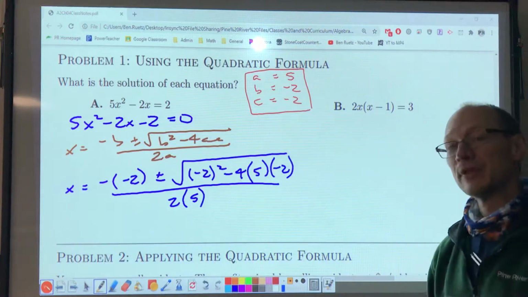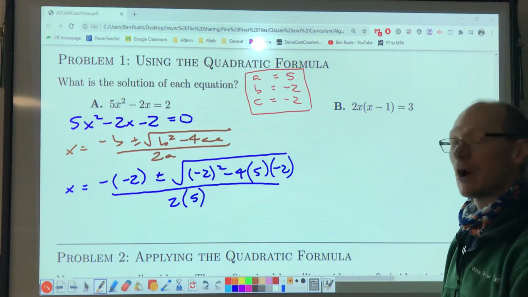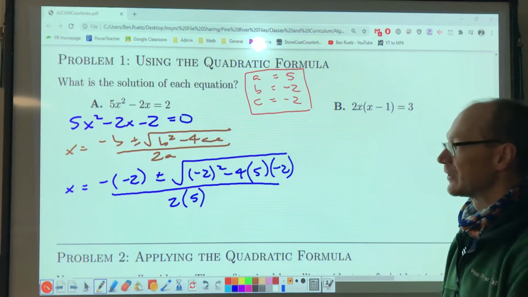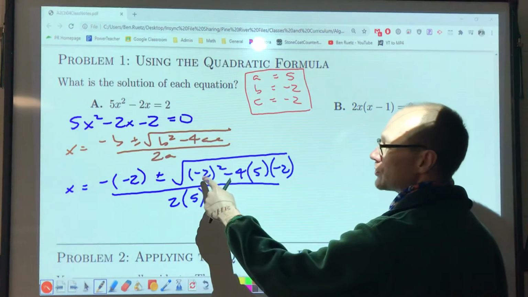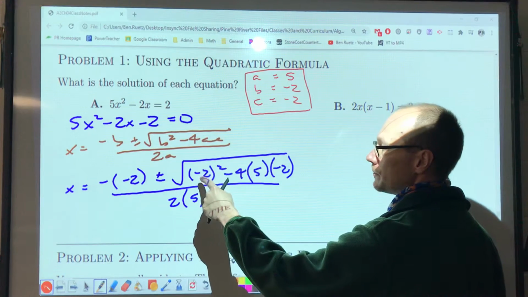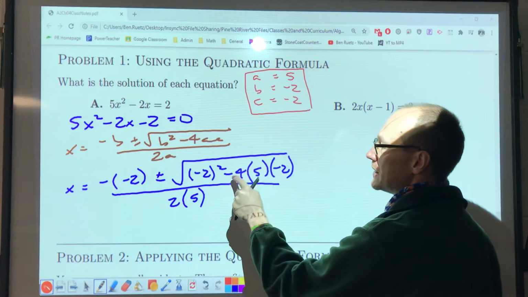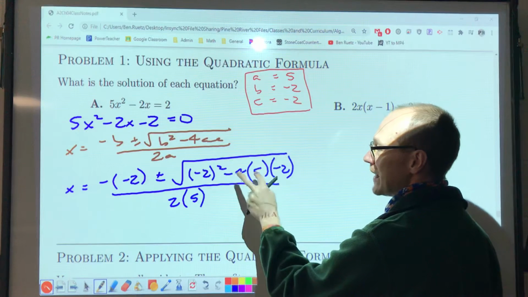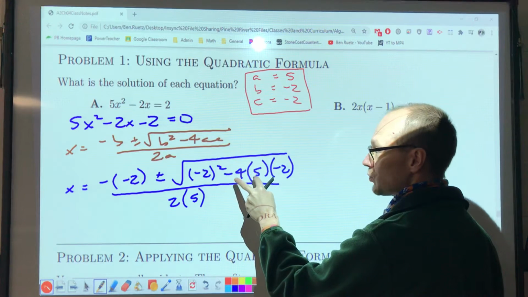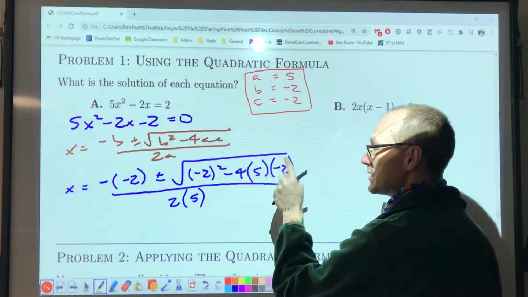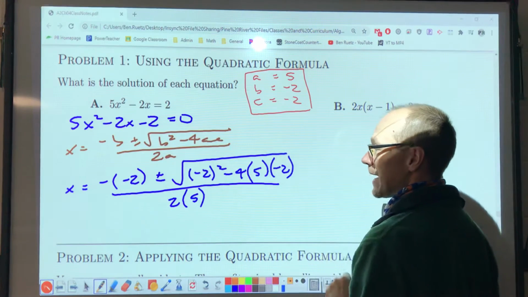So now I've dumped the numbers into that formula, and now I can do a whole bunch of simplification. The negative 2 squared is 4. A negative 4 times a 5 is a negative 20, so it's minus 20, but a minus 20 times a minus 2 is a positive 40.